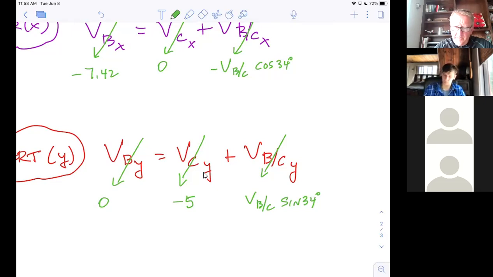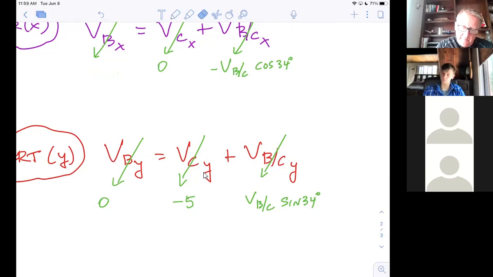So apparently I'm going to get the same answer from both of these. Is that true? If I take for the top equation 7.42 and divide by the cosine of 34, I get 8.95. If I take 5 and divide by the sine of 34, I get 8.95. There's a little bit of a rounding issue there. I got 8.95 and 8.94, but basically that's the case.